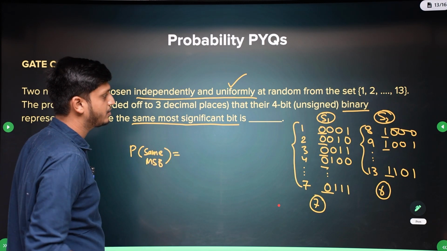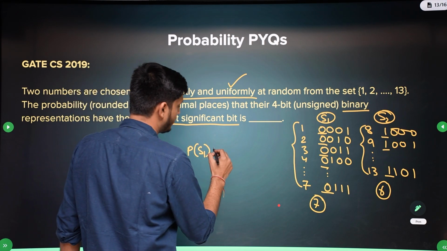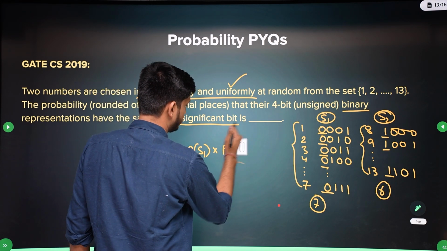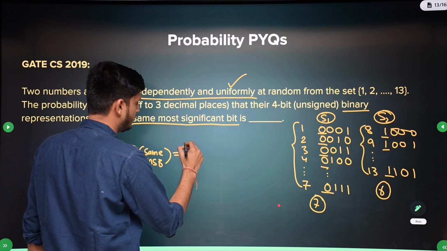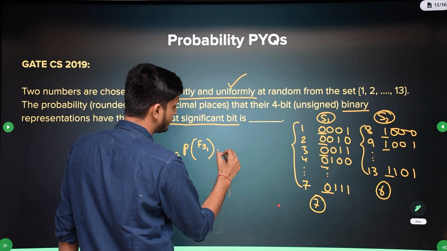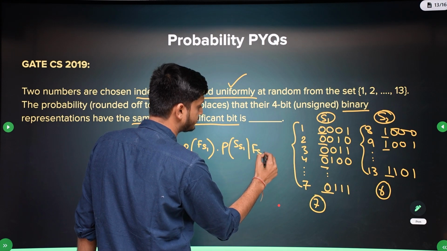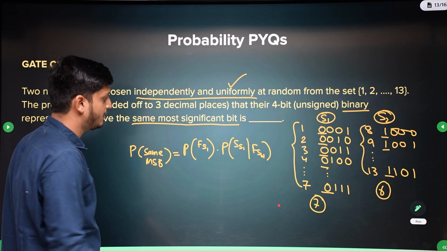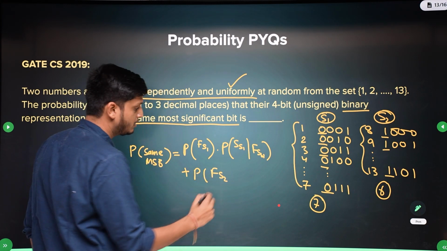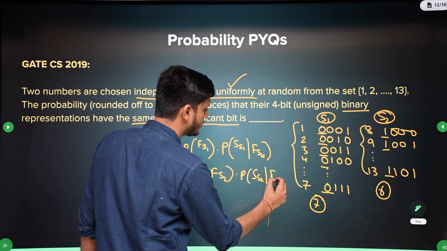It is the probability of choosing the first number from S1, times the probability of choosing the second number also from S1 given that the first number was from S1, or the probability of the first number being chosen from S2 times the probability of the second number also from S2 given that the first is from S2.